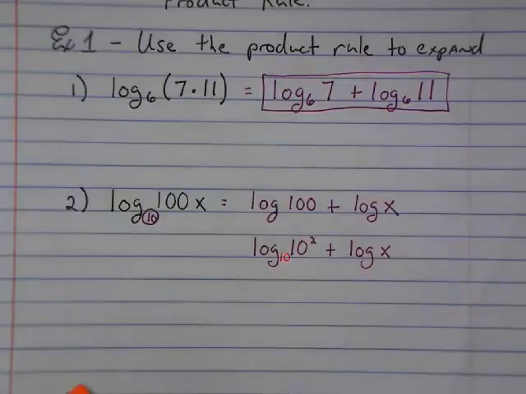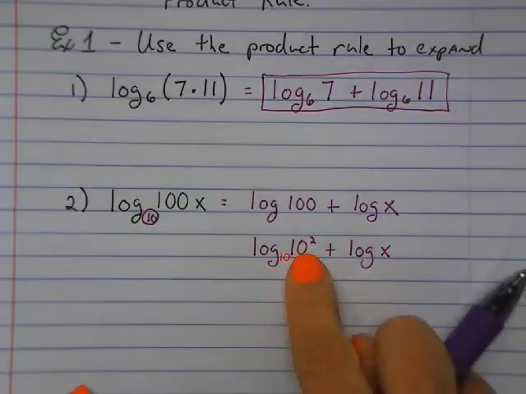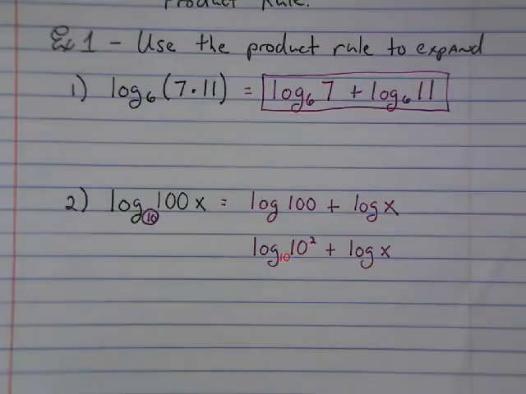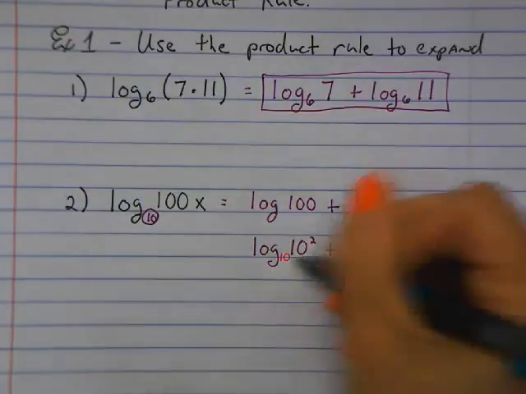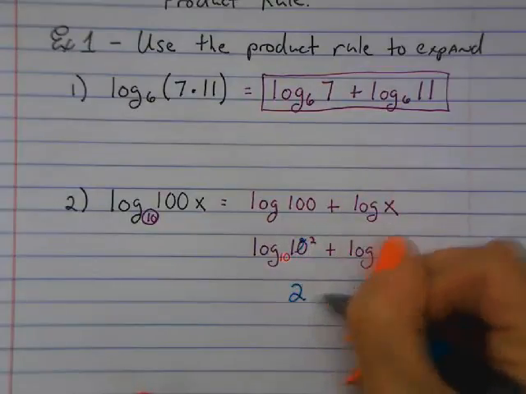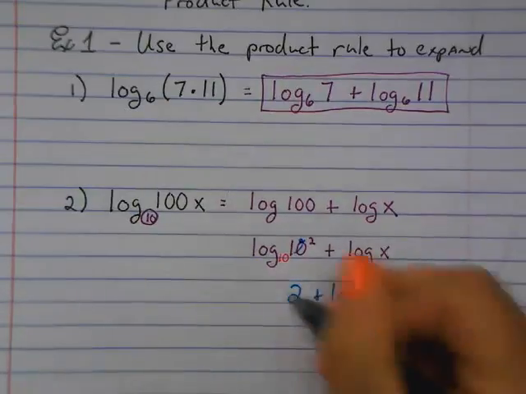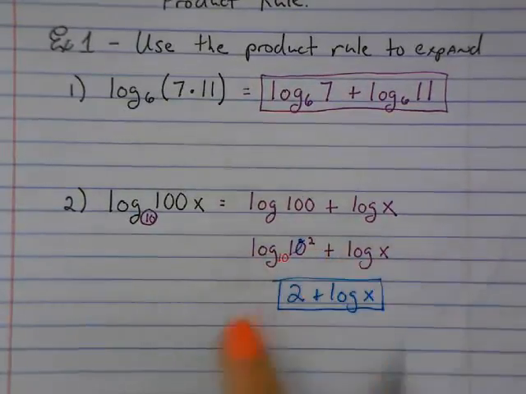Now here, what happens when I have base 10, 10? You agree from what we've done the past few days that these kind of just all go away, and I'm left with 2 plus the log of x, and that would be my final answer. So now you can see why sometimes expanding logarithms helps us.